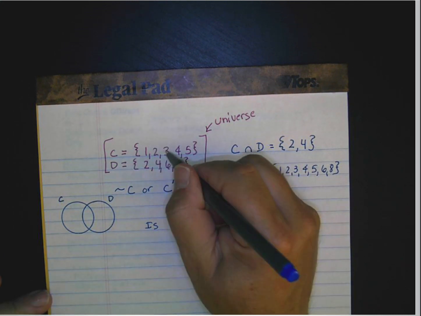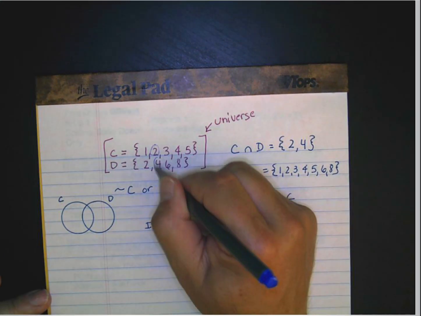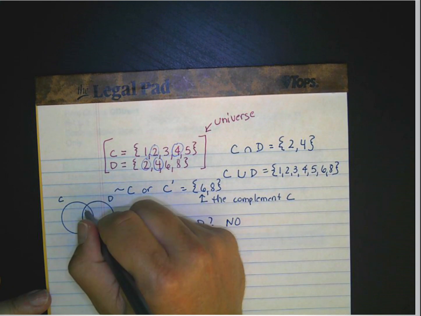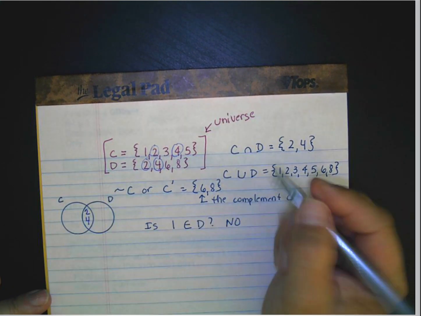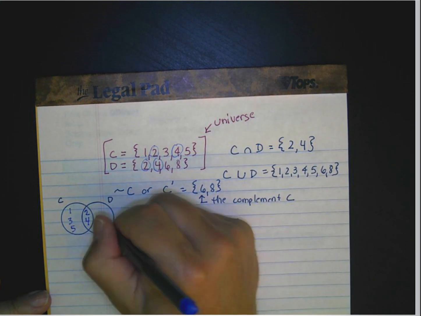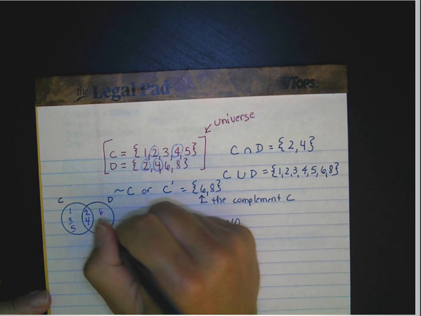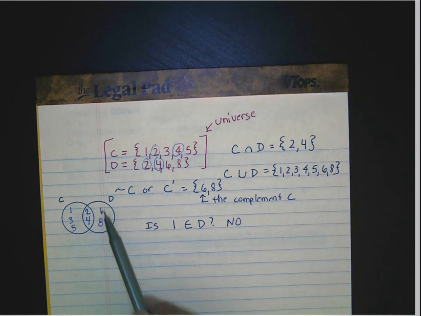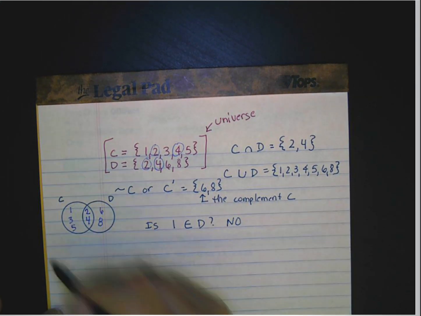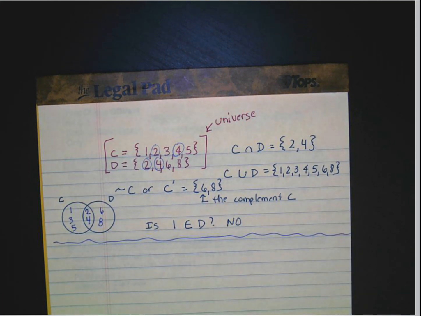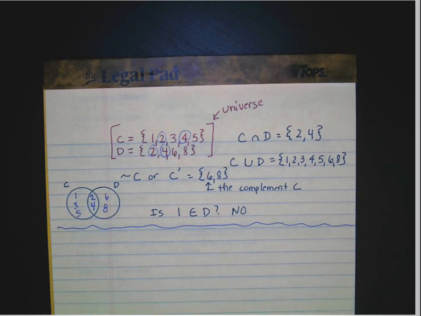And what they have in common is a 2 and a 4. So those go in the middle, 2, 4. Then set C, we got a 1, a 3, and a 5. Set D has 6 and an 8. And see, there's my intersection, 2, 4. My union is everything. That's how a Venn diagram works, guys. On your worksheet, for practice on this, you're going to want to do the intersection parts first.